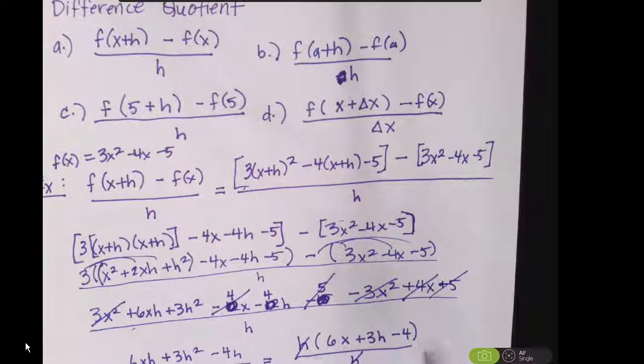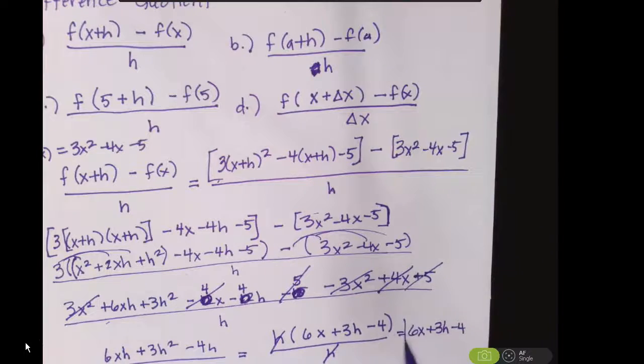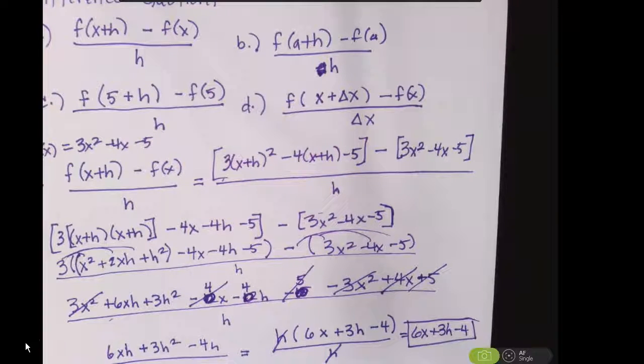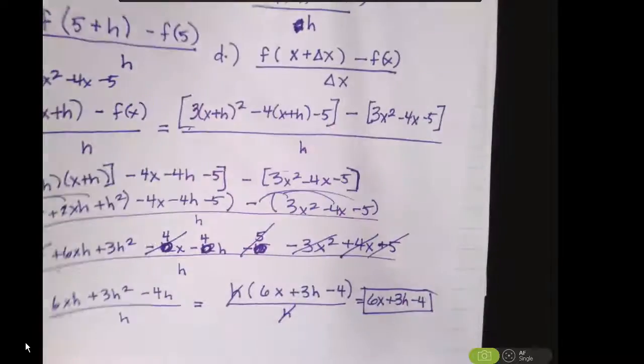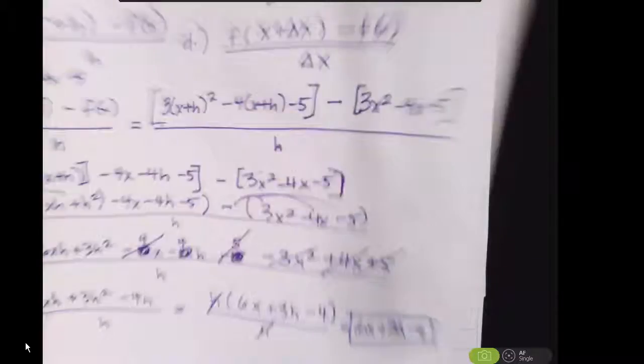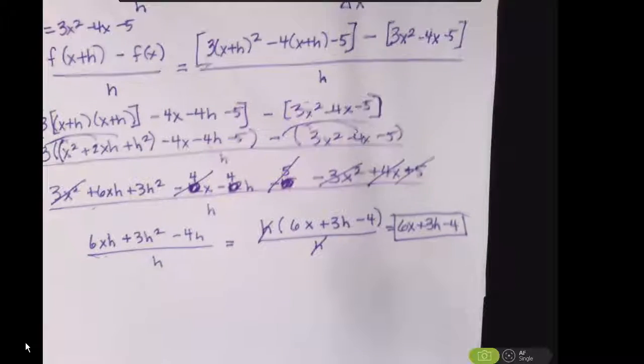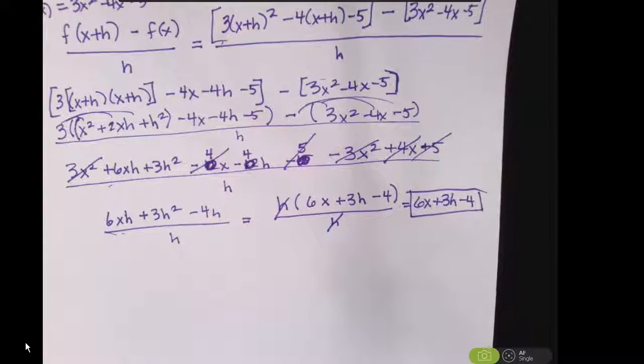So my final answer here is 6x plus 3h minus 4. And that's the correct answer. So it's not very satisfying. You're going to get some expressions with some variables in them. But that's why it's so important that you can be accurate with your parentheses and your algebra.